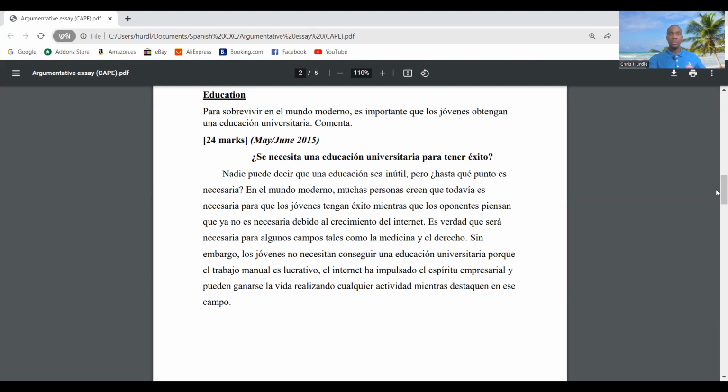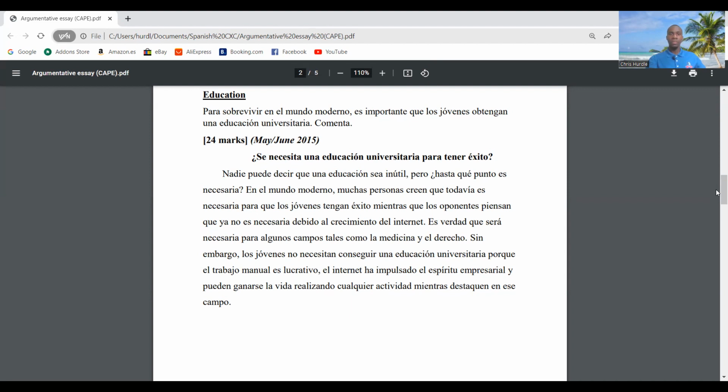In the modern world, many persons still believe that it's still necessary for young persons to be successful, while the opponents think that it is no longer necessary due to the growth of the Internet. Es verdad que será necesaria para algunos campos tales como la medicina y el derecho. It is true that it will be necessary for some fields such as medicine and law.